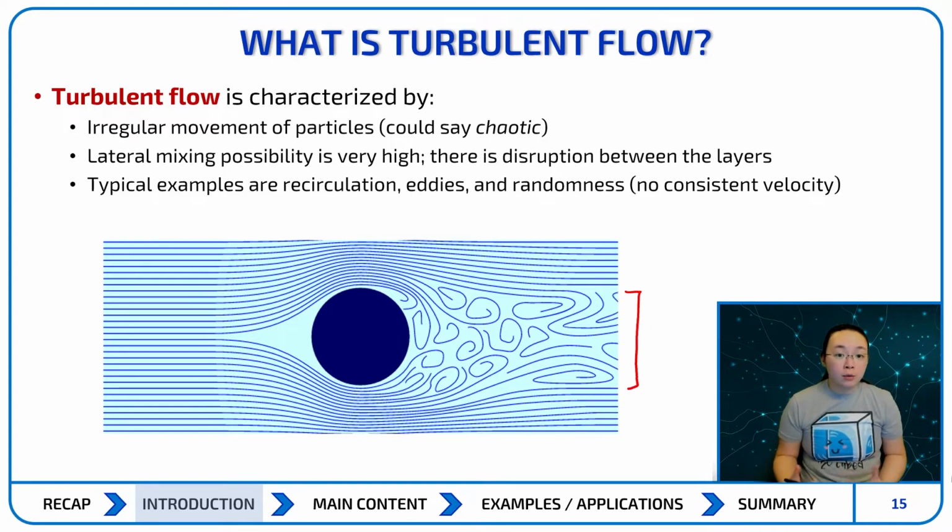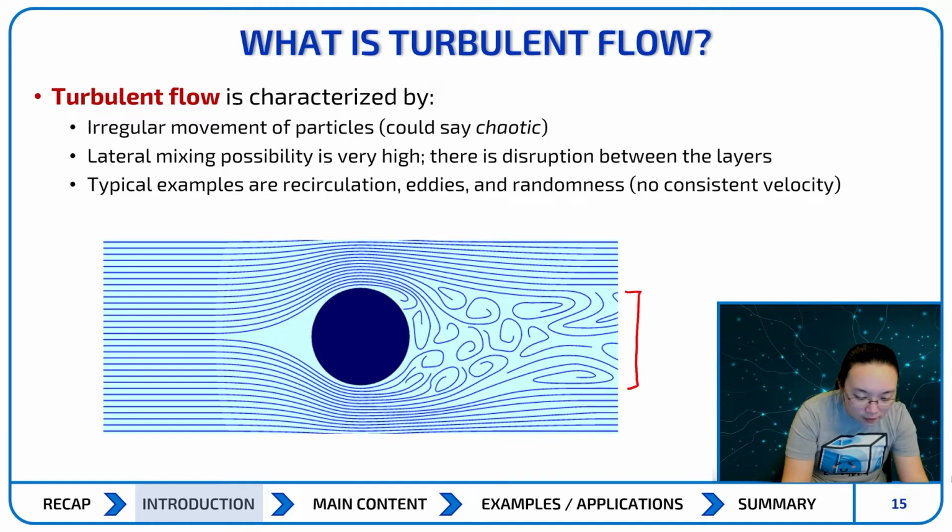Because there's turbulent or chaotic flow, it's highly possible for a mixture to occur. So mixing between the layers is very possible, and we call that lateral mixing.